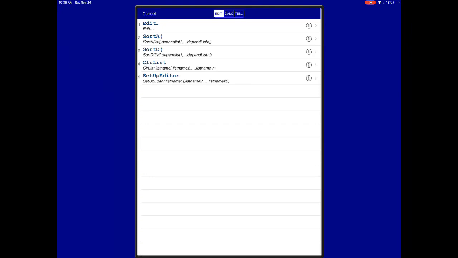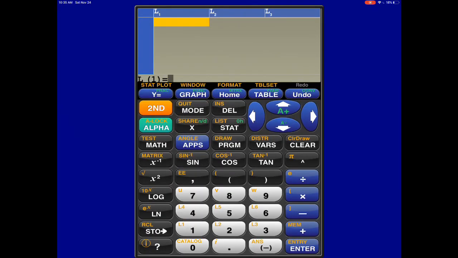Stat, and remember the edit is the default that comes up. And so we want to edit our lists, okay? And even though I have these values in 2 columns, it's just one list because I did that, honestly, just to save space, all right?